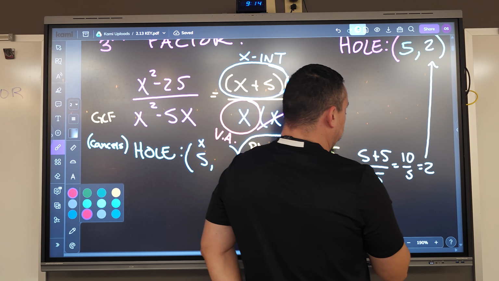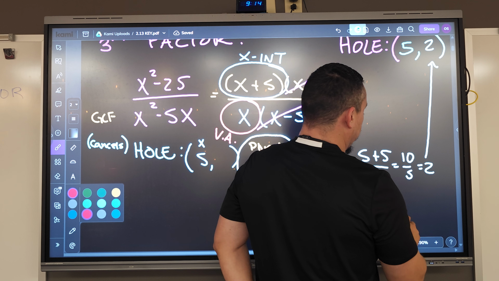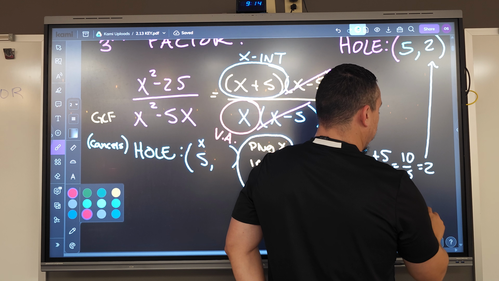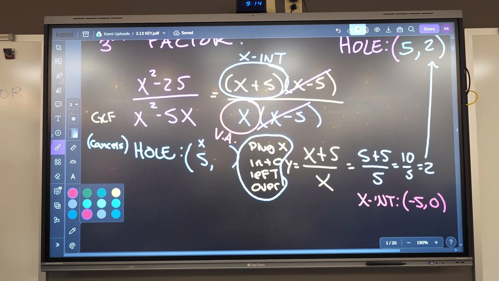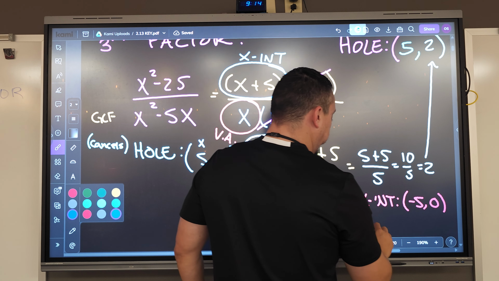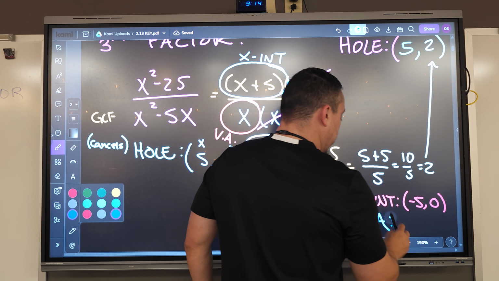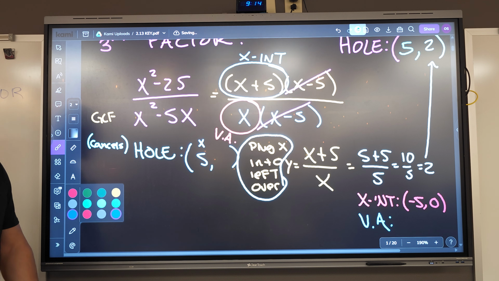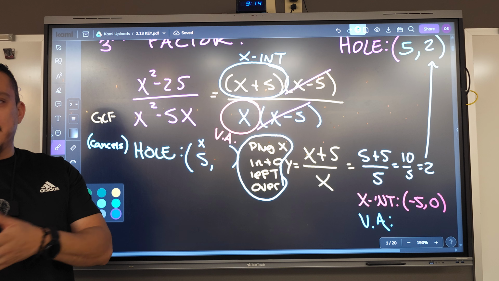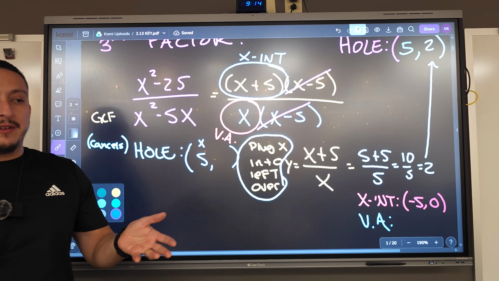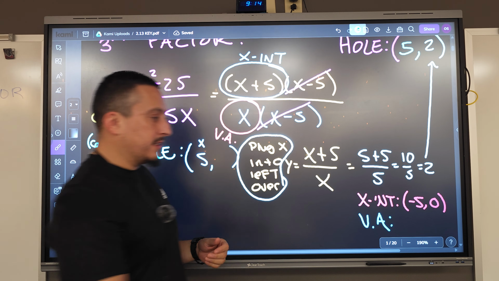So my x-intercept is located at -5. The y is always 0 for the x-intercept. And the vertical asymptote, the VA, is whatever is at the bottom: you set that equal to 0 and solve for x. So if I say x equals 0, there's nothing to solve. So it's just x equals 0.